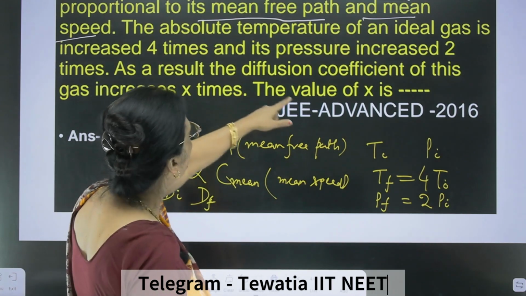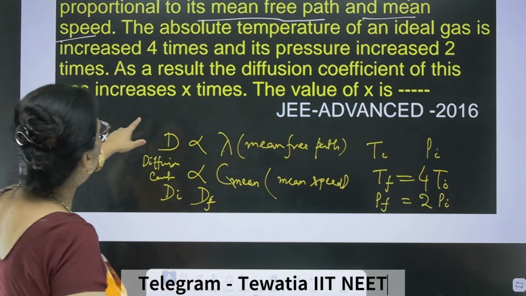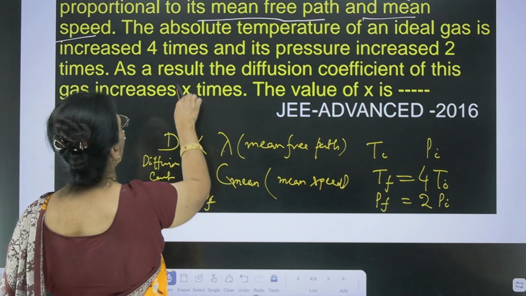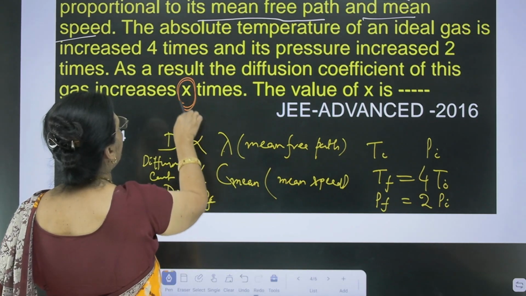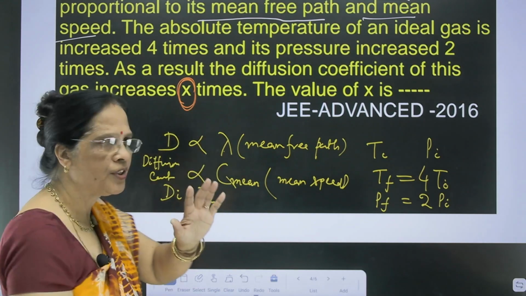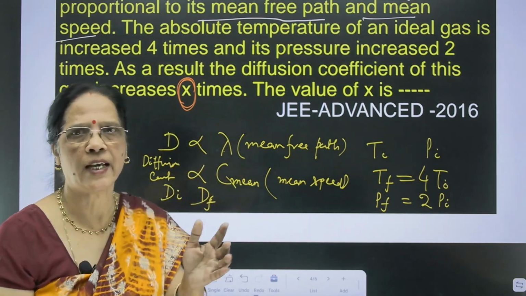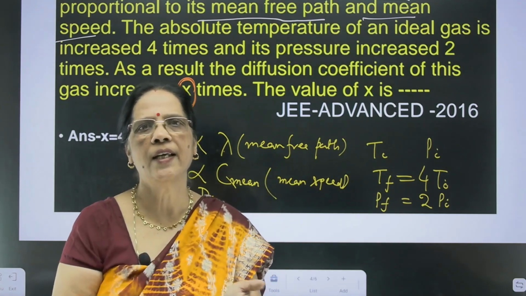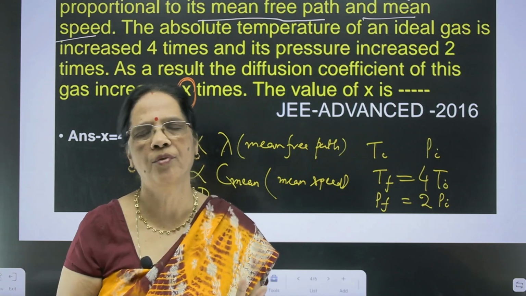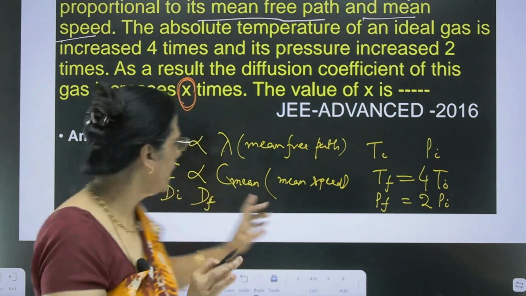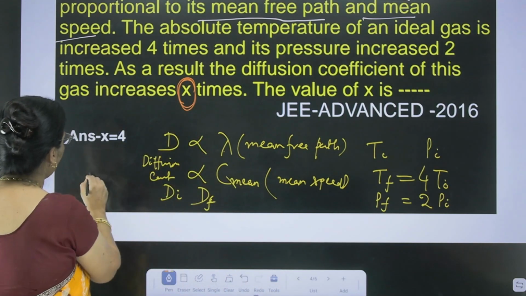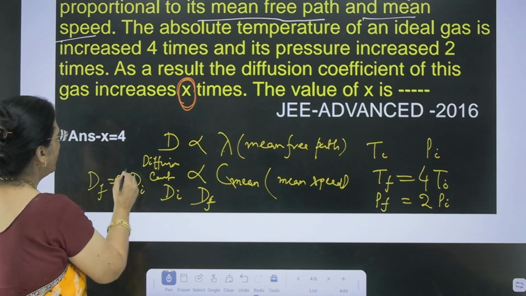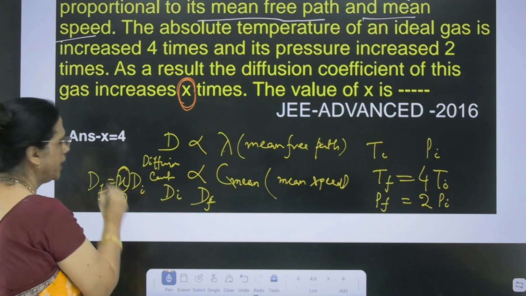As a result, the diffusion coefficient of this gas increases x times. We have to find this x factor. That means Df is equal to x times Di. So what is the value of x?